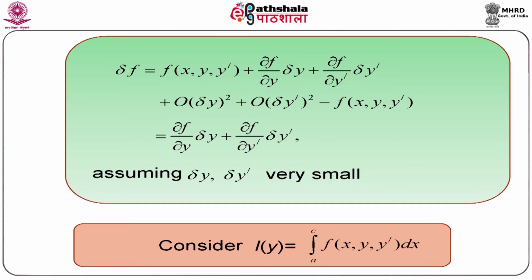Please note that the coordinates of the point P is x, y and the coordinates of the point P1 is x and y plus delta y.